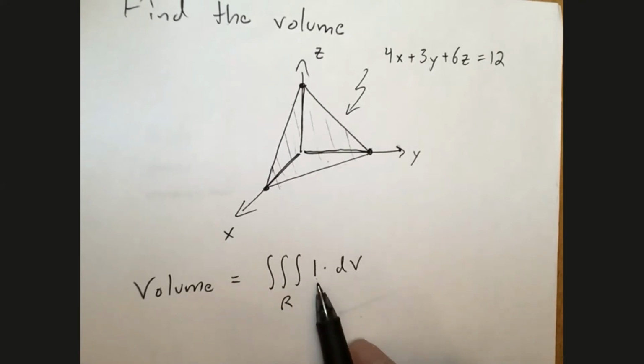The other way to think about it is, well, I know when we did areas, we mentioned that. Let me get another sheet, because I don't want to mess this one up.